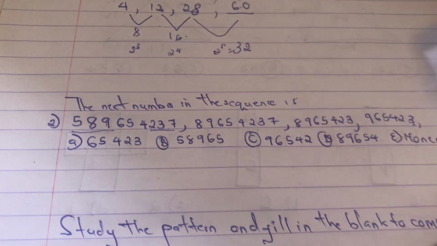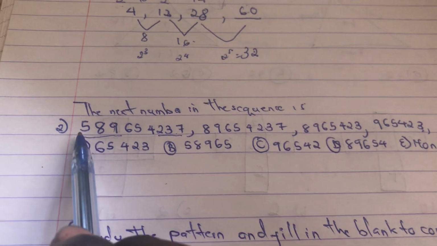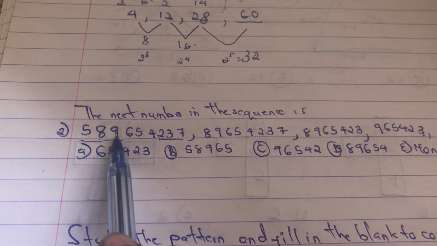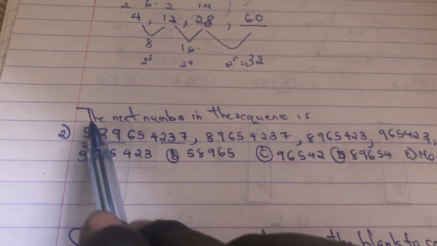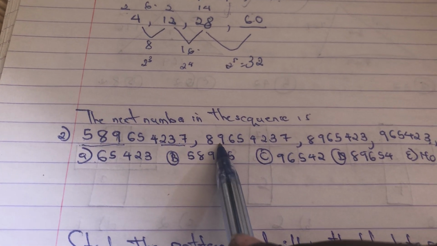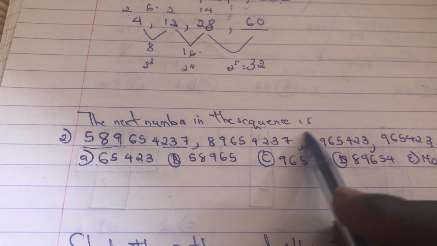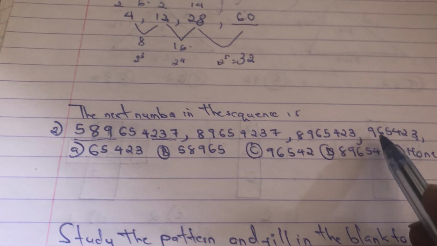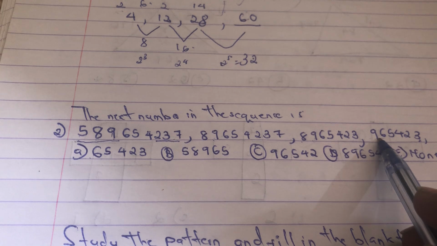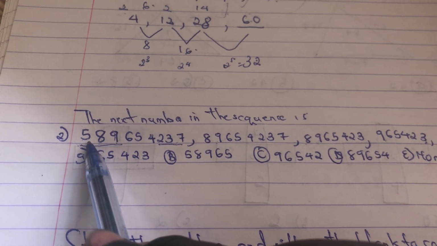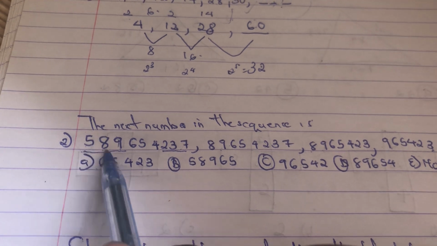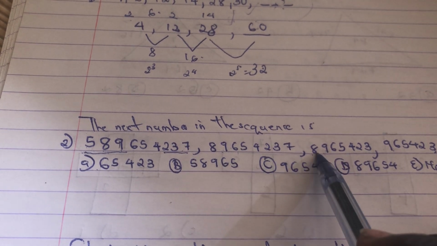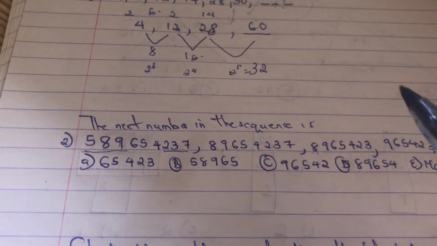For this case, if we look at the first 3, here we have 5, 8, 9. Are we together? Then the next one we have 8, 9. They've removed the 5. Then the next one we have 8, 9, it's still the same, and again they move the 9. So the pattern they are following is that after they remove the 5, it goes 2 times, and then they remove the other later.